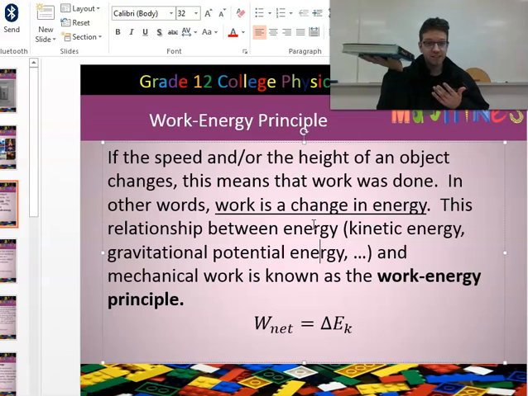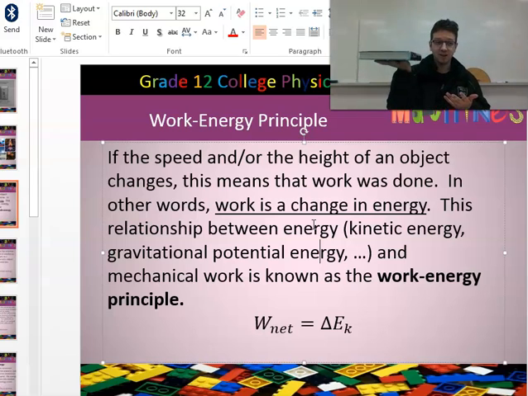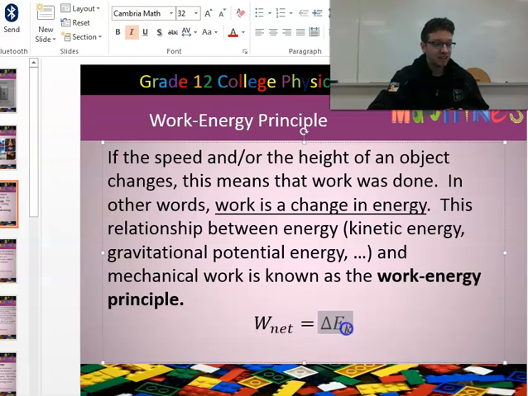Since the forces are equal, the work being done is the same as well. It's just one is positive and one is negative. So your net work would be 0 in this case. According to this equation, that makes sense because net work is change in kinetic energy. If our motion isn't changing, then net work should be 0.